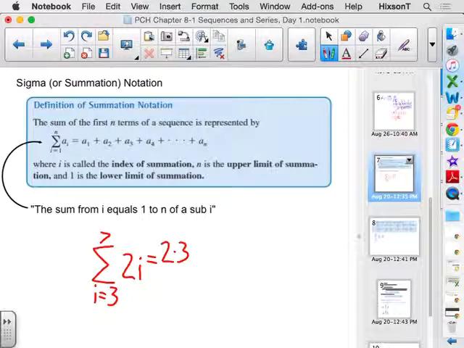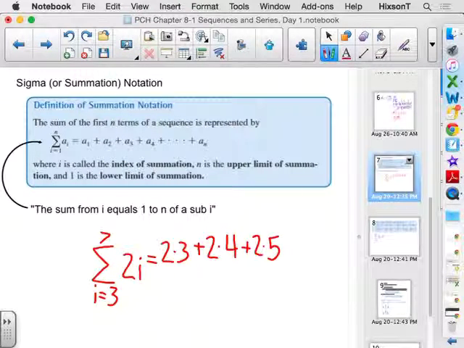That's going to be the first thing that we're adding up. Then we're going to add to that 2 times 4. Notice that this was our index, I. It's going to increase. Now it's 2 times 5. Then 2 times 6. Oops, we're adding. Plus all the way up to 7. Now we stop.